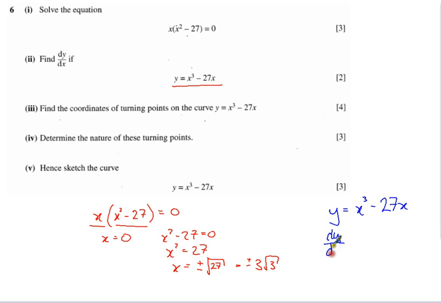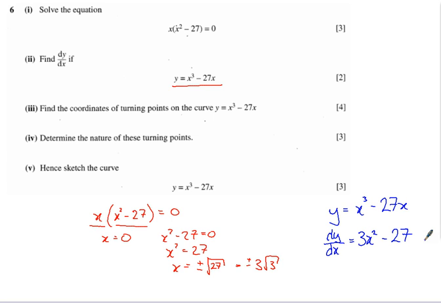We differentiate y with respect to x. And to differentiate each term, we multiply through by the power to get 3x, and we reduce the power by 1, 3x squared. When we do that to minus 27x, we get minus 27. When you differentiate an x term, you just get the constant or the number in front of it. So there we go, dy by dx is 3x squared minus 27.